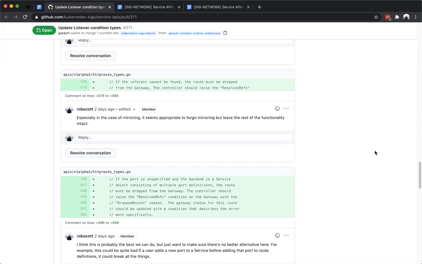So to pull this back to a potential RC, what do we feel we need to change, if anything, between now and including this in a release candidate?